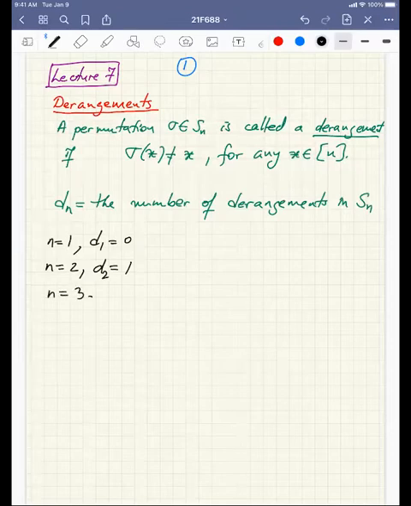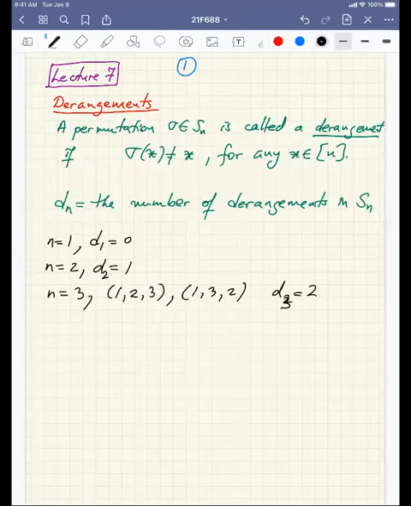When n equals 3, we are trying to count those permutations that have no fixed points. Therefore, these permutations are going to be either a cycle of the form 1, 2, 3 or 1, 3, 2. And that leads us to conclude that d3 is going to be 2.